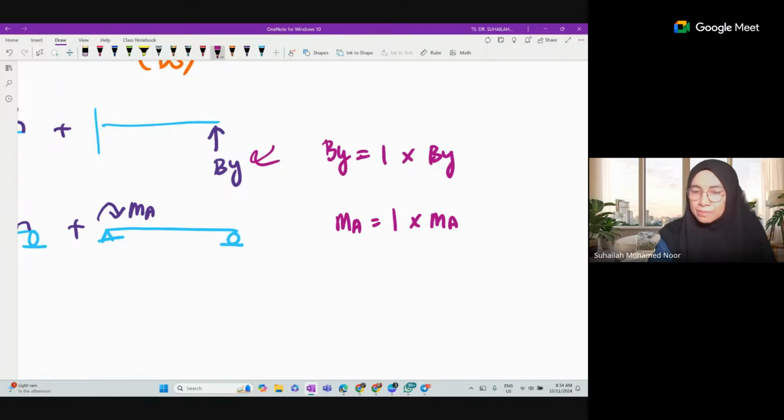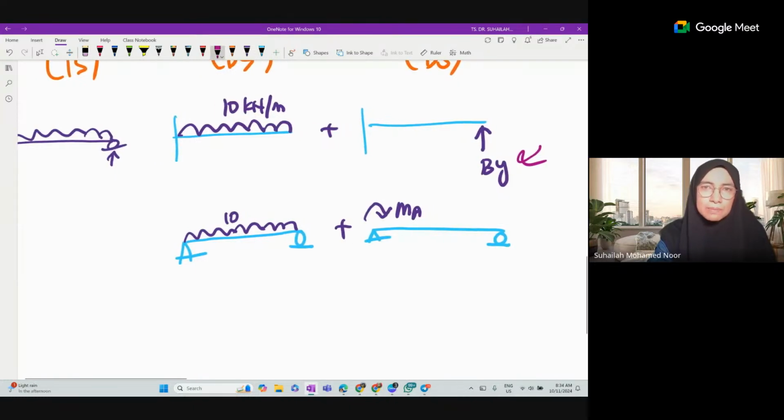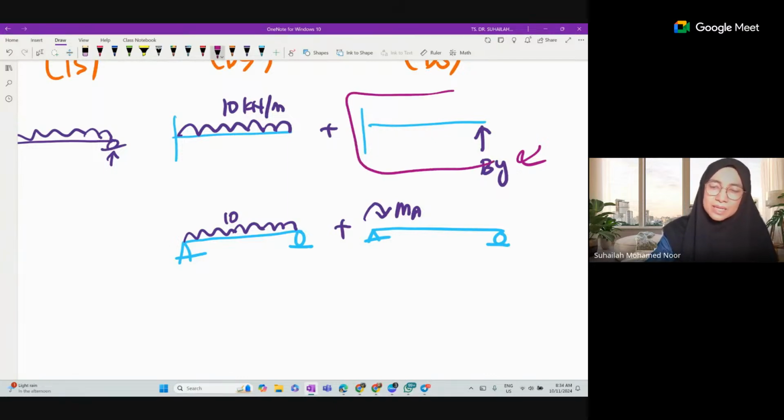Because by looking at this diagram, for the primary structure, we can analyze the reaction because the external loading is a given value, right? But by looking at the redundant structure, for example this one, can we analyze this?